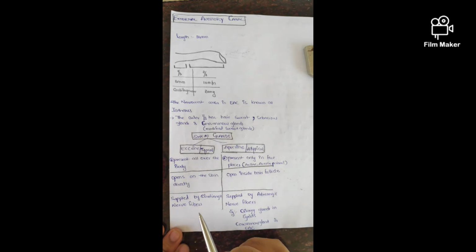Eccrine glands are supplied by cholinergic nerve fibers, whereas apocrine glands are supplied by adrenergic fibers. The ceruminous gland is a modified apocrine sweat gland. Another example is the ciliary glands in the eyelids.